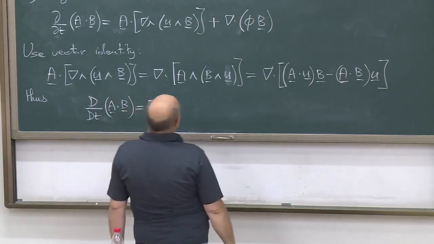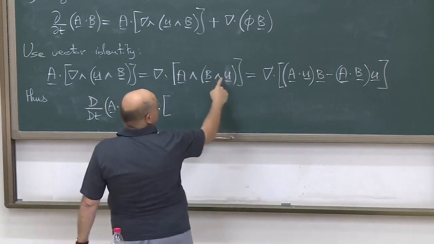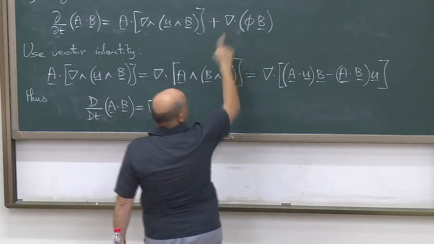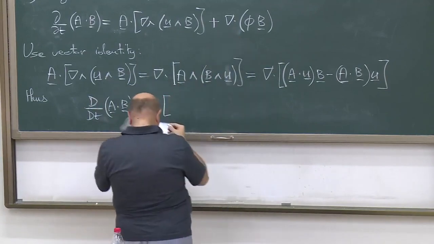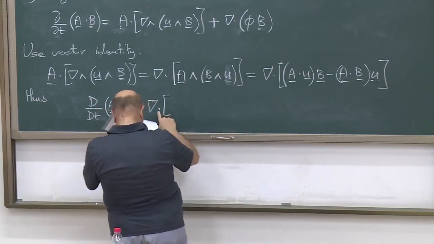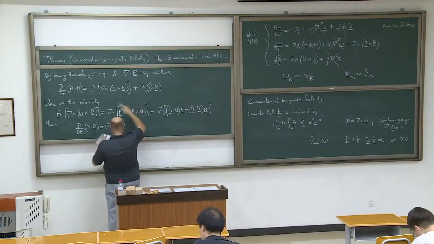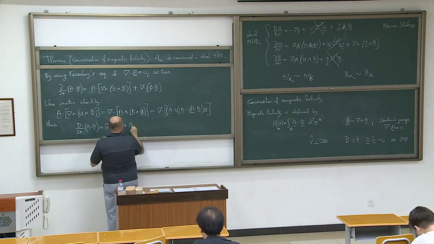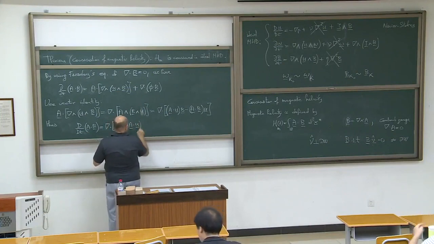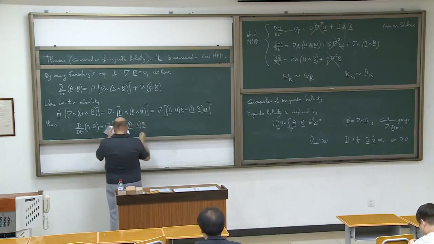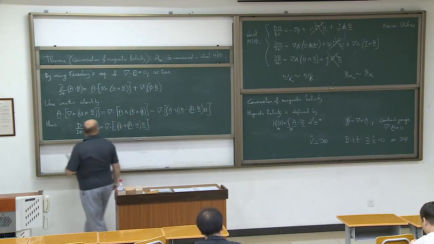We have to substitute this term here and extract this quantity. So we are with a div of what? Of phi, putting things together, plus A dot U. And then remember that there is div B equals 0.